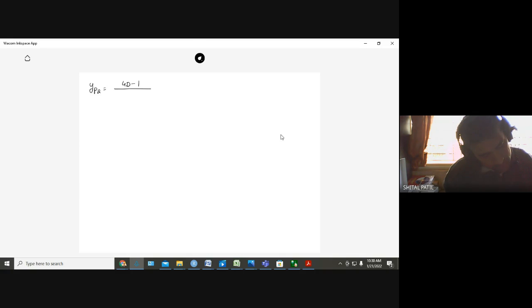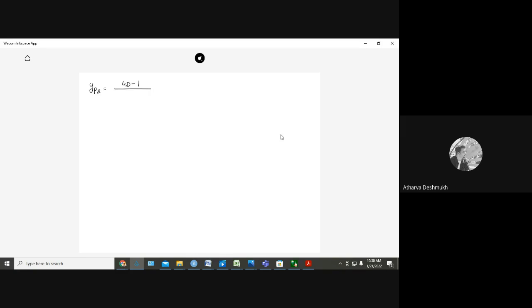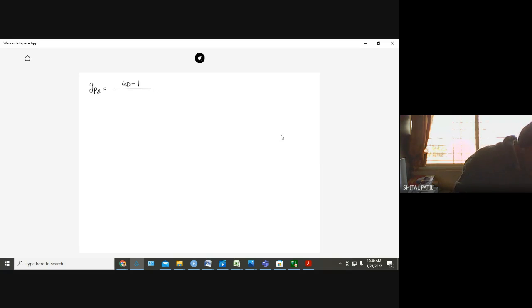I have 16 D square. So 16 into minus 4 minus 1, and then cos of 2x. D is the derivative.